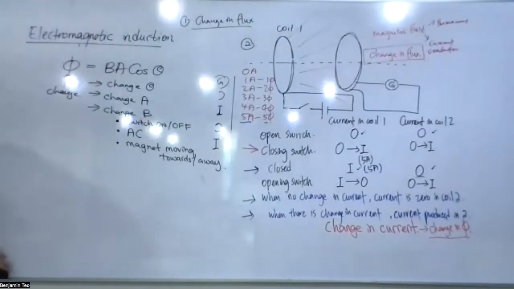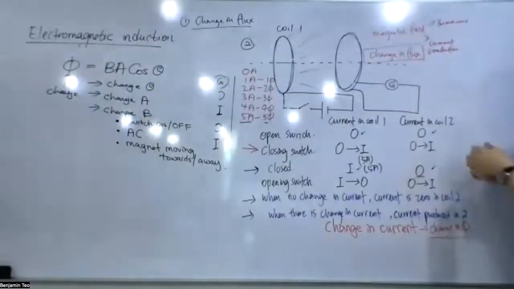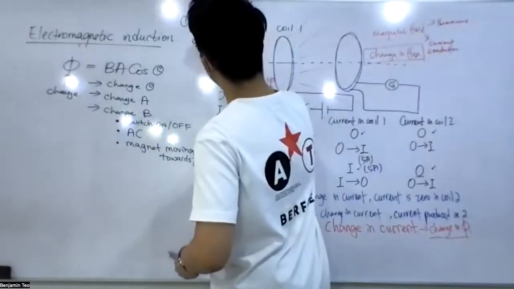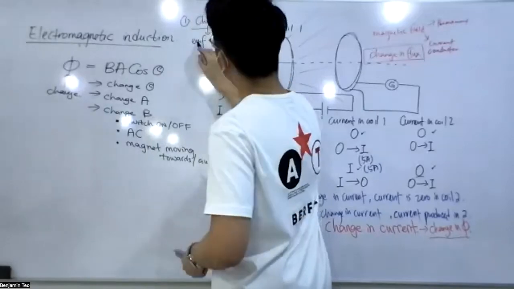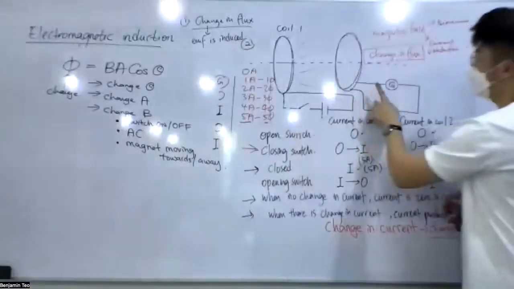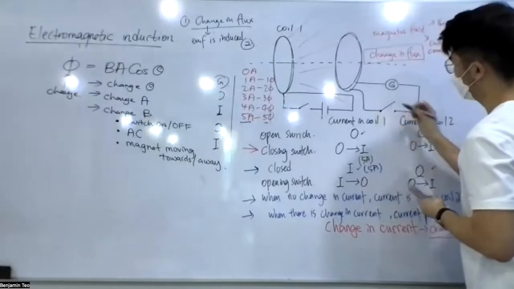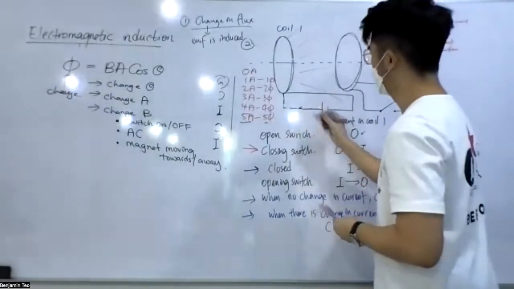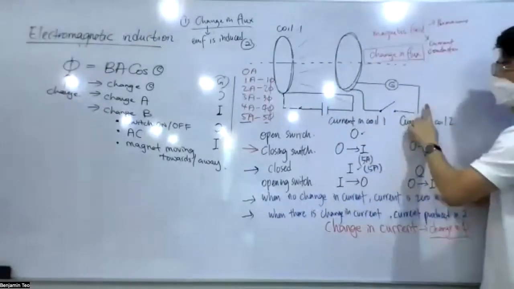So whenever you have change in magnetic flux, is current produced first or EMF first? We say EMF is induced. Change in flux, EMF is induced. What is EMF? Voltage, potential is induced. If I disconnect this circuit, this is not connected, and then I close this one, is there current in this circuit?